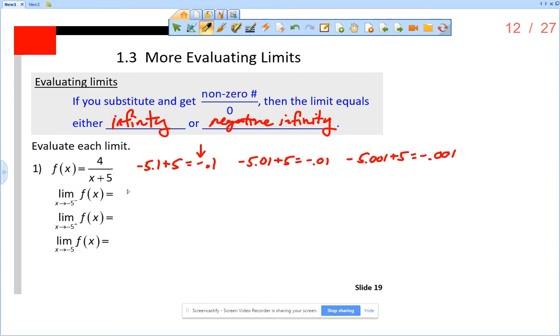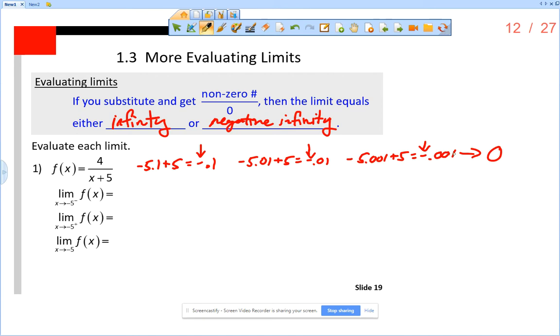With a limit, we want to get closer and closer each time. So I get negative 0.1, negative 0.01, negative 0.0001, and so on. Of course, I'm approaching 0. The key is that I'm approaching 0, but from negative numbers.